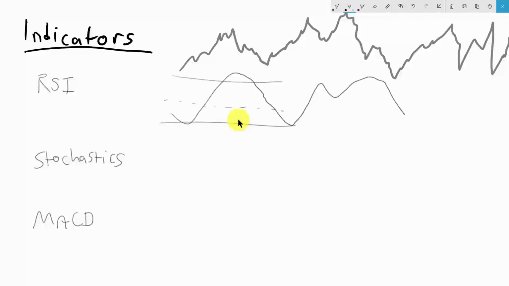But the main problem with RSI is that you are moving up back here, and then you get your signal right there. You're moving down right here, but then you get your signal to move down right there, right? So it's always lagging.